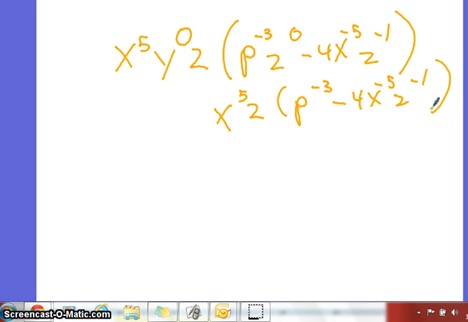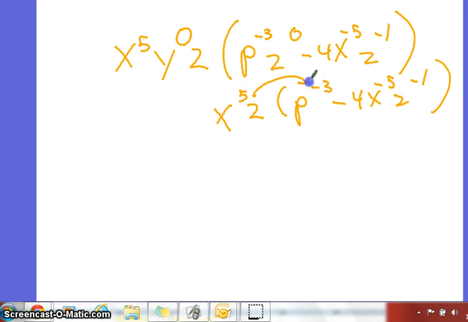Because this z goes away because that's 1, and this y goes away because that's 1. Right? I don't need them there anymore. They're there, but they're invisible, so I'm not going to write them down. Okay? So far, so good? Let's distribute.